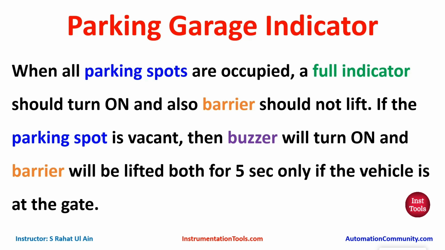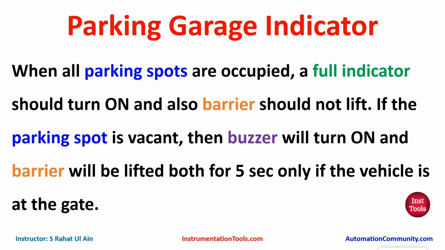When all parking spots are occupied, a full indicator should turn on and also the barrier should not lift. If the parking spot is vacant, then the buzzer will turn on and the barrier will be lifted, both for 5 seconds only if the vehicle is at the gate.